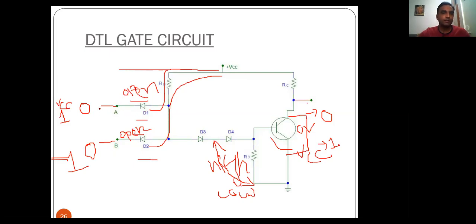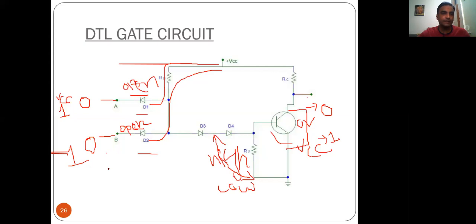Whenever A is 0 and B is 0, both are 0 0, and this is B. My output is Y, which I want to find. So whenever A is 0 and B is 0, the diode D1 will be forward biased, so all this VCC will be grounded through A or B, both are 0 right now.